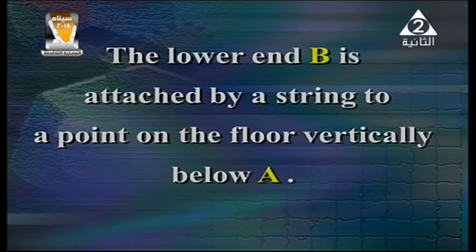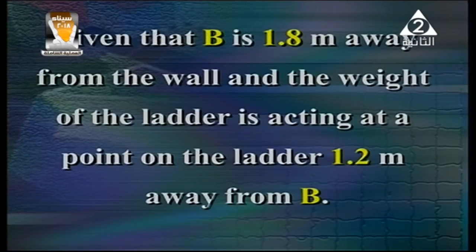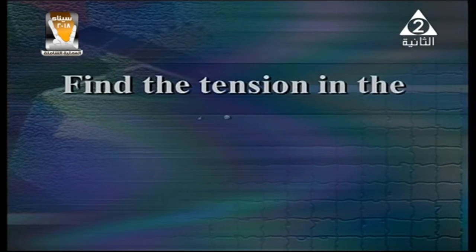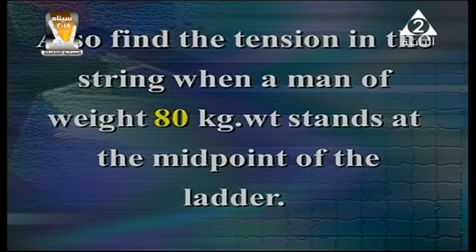The lower end B is attached by a string to a point on the floor vertically below A. Given that B is 1.8 meter away from the wall and the weight of the ladder is acting at a point on the ladder 1.2 meter away from B. Find the tension in the string. Also find the tension in the string when a man of weight 80 kilogram weight stands at the midpoint of the ladder.